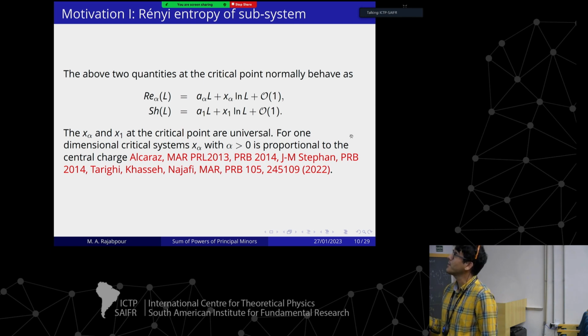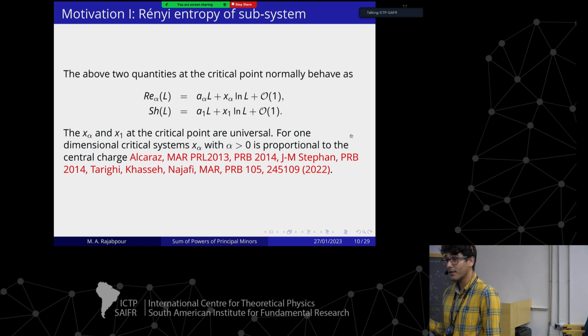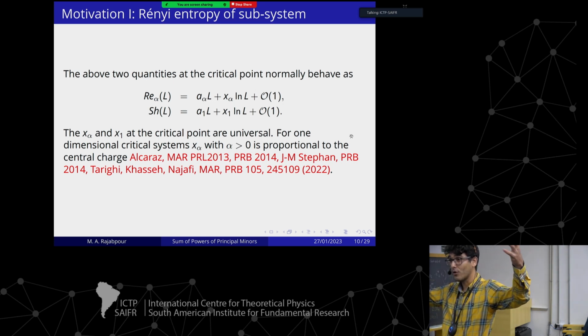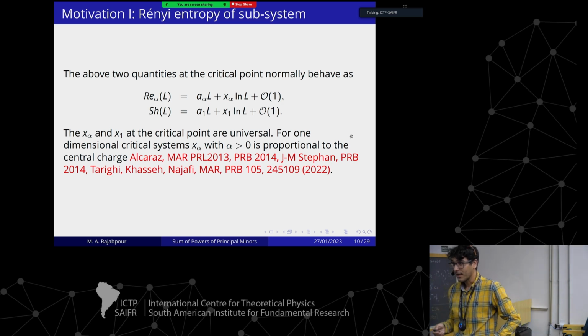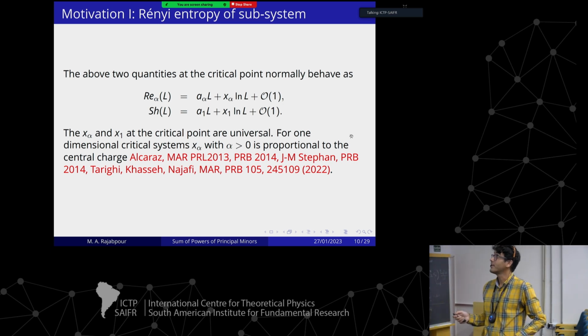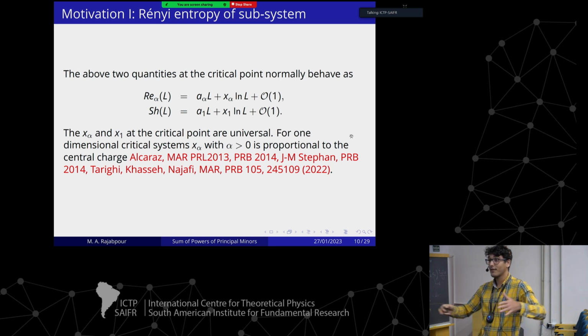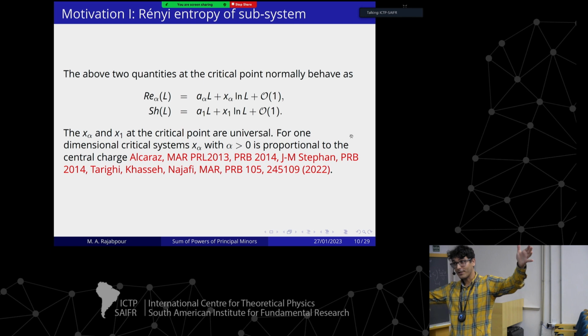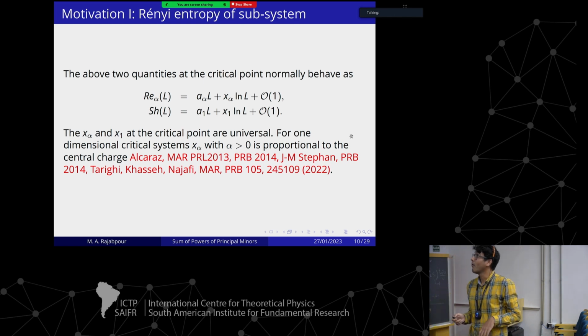This is for the critical ground states. So we have long-range correlations, if you look at the local quantities, right? In the case of entanglement, we have the logarithmically growing entanglement.